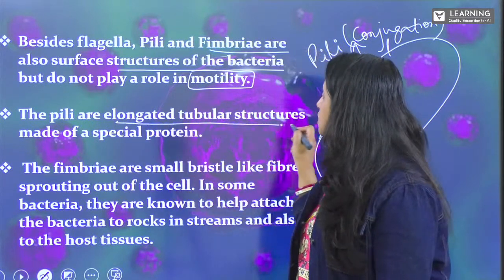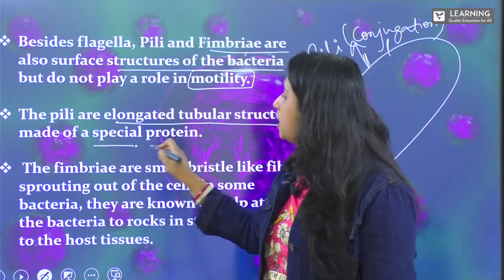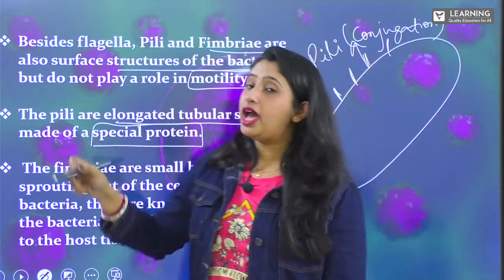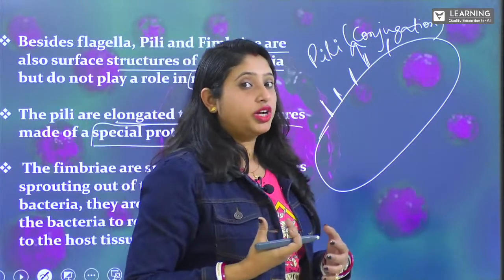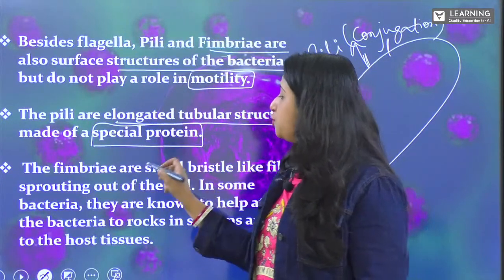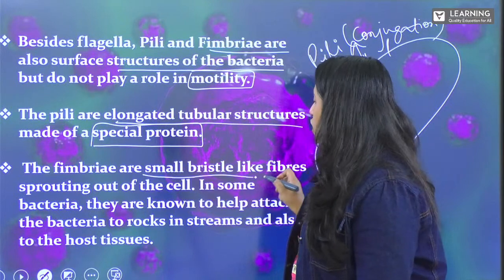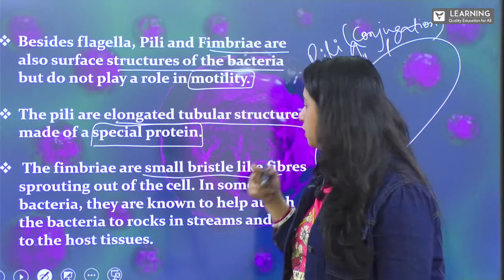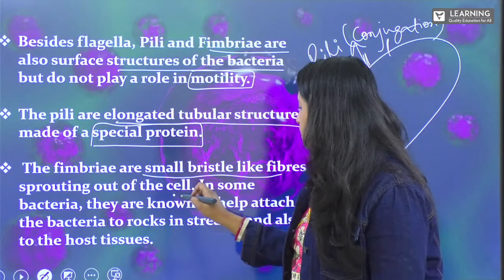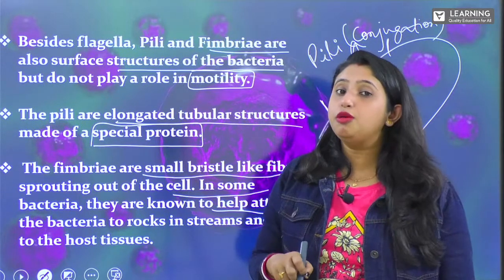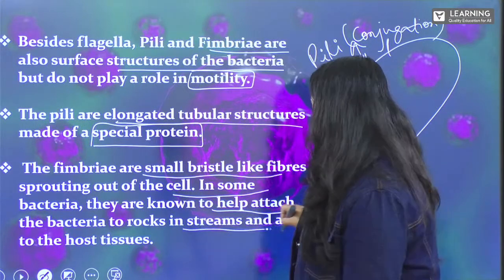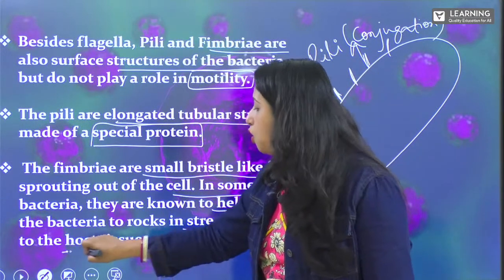The pili are elongated tubular structures made of special proteins. And the fimbriae are small bristle-like fibers sprouting out of the cell, and in some bacteria they are known to help attach the bacteria to rocks and streams and also to host tissues.